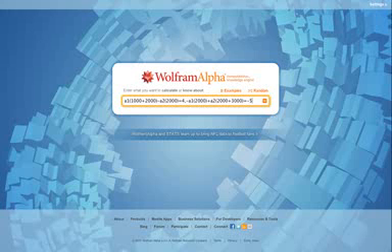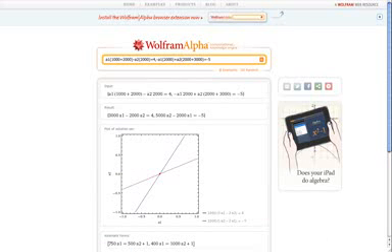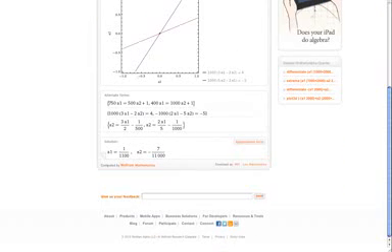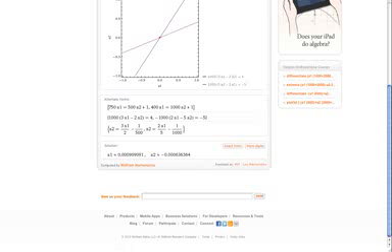So if I put these in correctly, we hit return, and Alpha gives us, wow, even a plot of the solution set, and gives us a solution in approximate form.